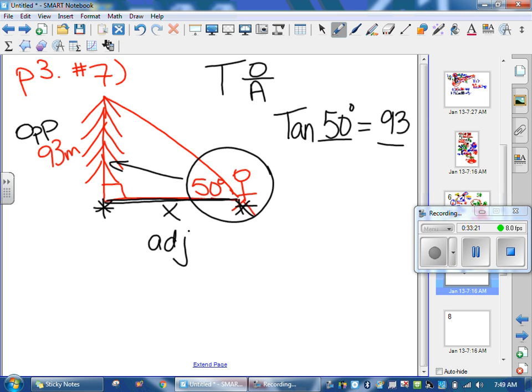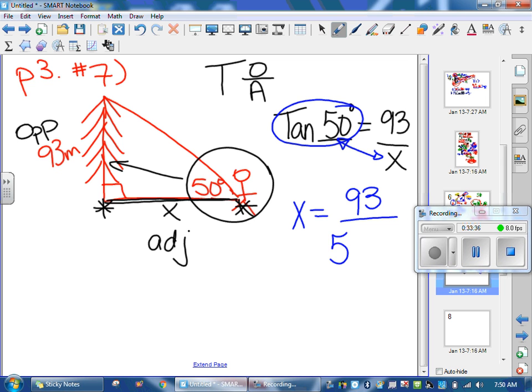So x will be equal to 93 divided by tan 50. And this time they want it to the nearest meter. So you're going to get x equals 78 meters. So now we found out how far he's standing from the base of the tree.